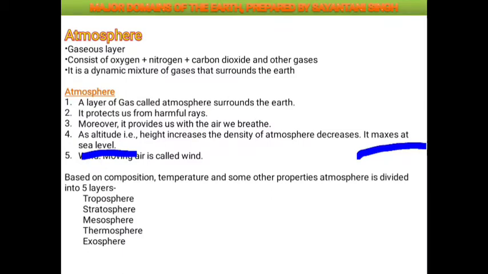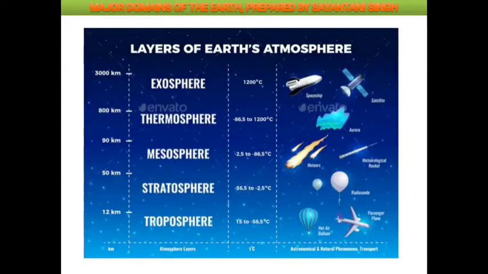There are different types of wind blowing in different directions in both hemispheres. In some lecture we will discuss the wind in detail. Based on the composition, temperature and some other properties of the atmosphere, there are 5 layers: troposphere, stratosphere, mesosphere, thermosphere and exosphere.